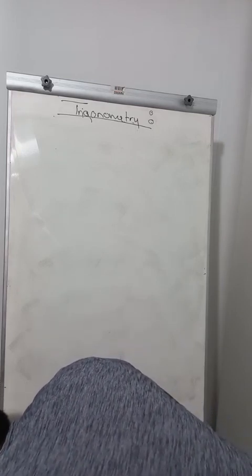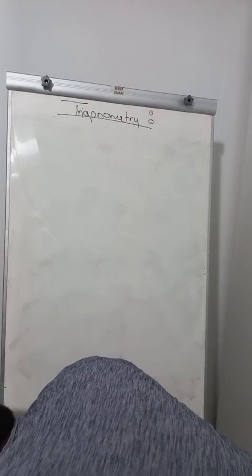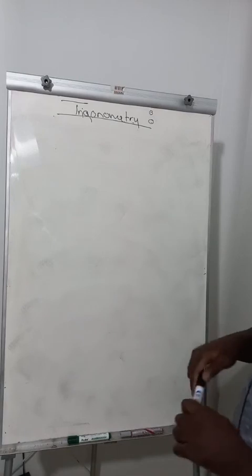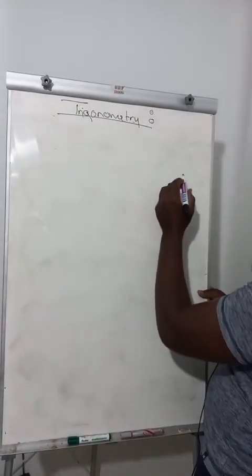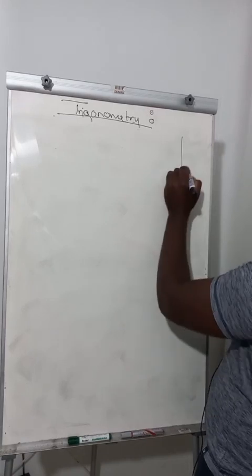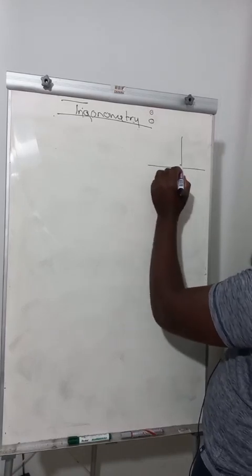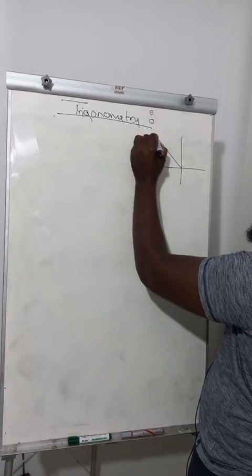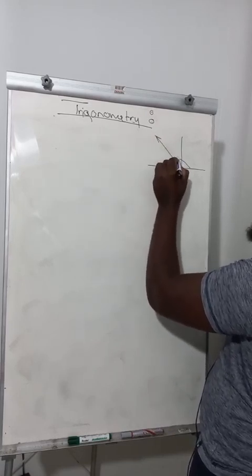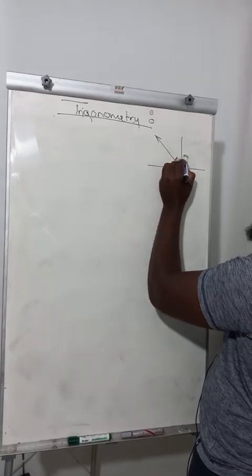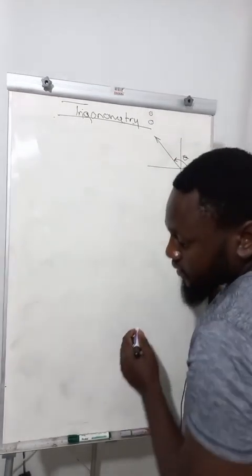I think it's more like doing what we started off with. They're giving us a Cartesian plane like this, and then you have theta.